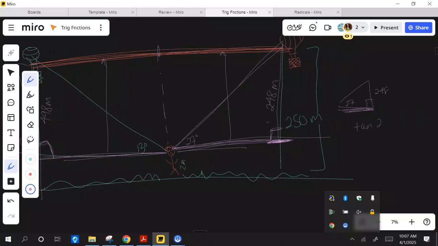So the tangent of 27 equals 248 over x. I'm going to multiply by x on both sides and divide by tan 27. And what do you get? 126.362, approximately. That is this side right here, which means it is also this distance.